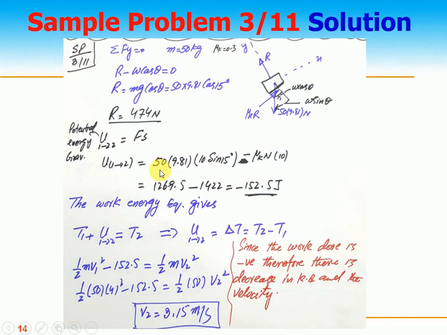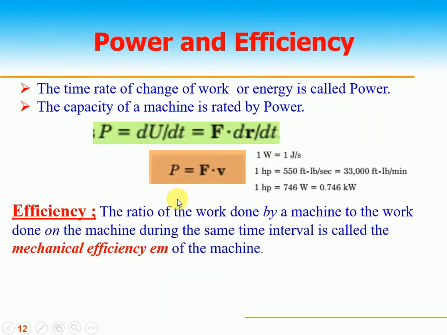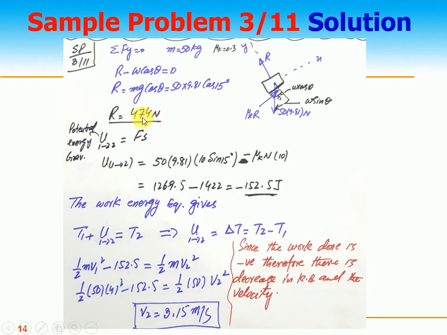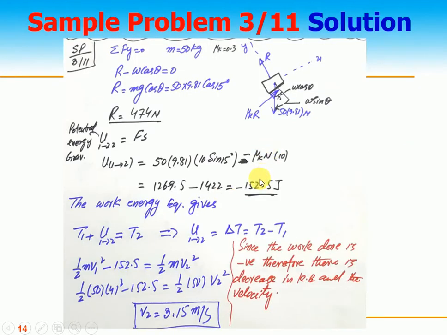So it is 50 into 9.81 into 10, this distance, and of course sine of 15 degree, the height change from A to B, because this is the potential energy, minus the work done by the friction, which is basically along this distance, because it is moving on the slope. There is contact along the slope, which is about 10 meters. So it becomes, of course, mu k N into 10. Finally, we get the work done as minus 152.5 joule.